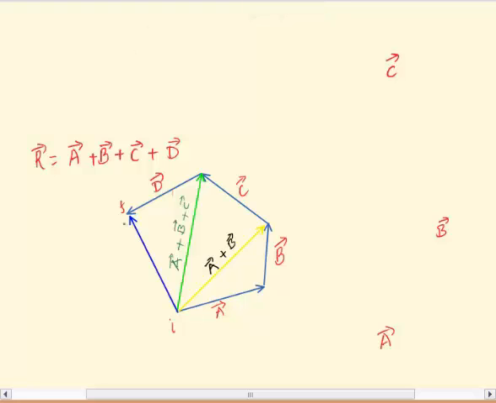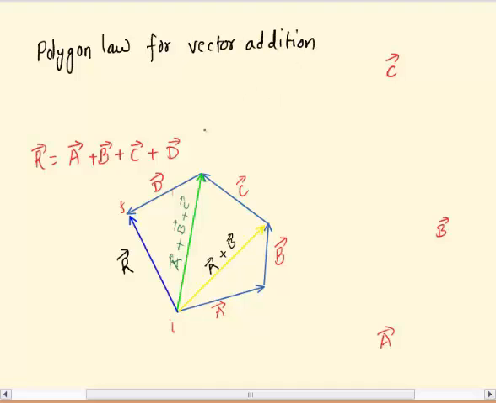So this is our R vector, which is nothing but A plus B plus C plus D. This rule is known as the polygon law for vector addition. So you can add as many vectors as you want graphically.